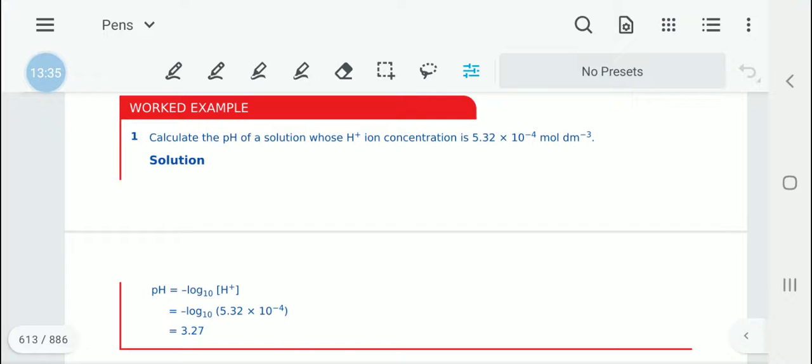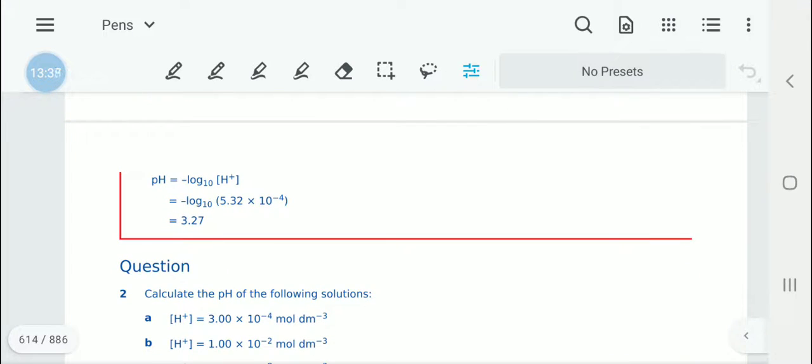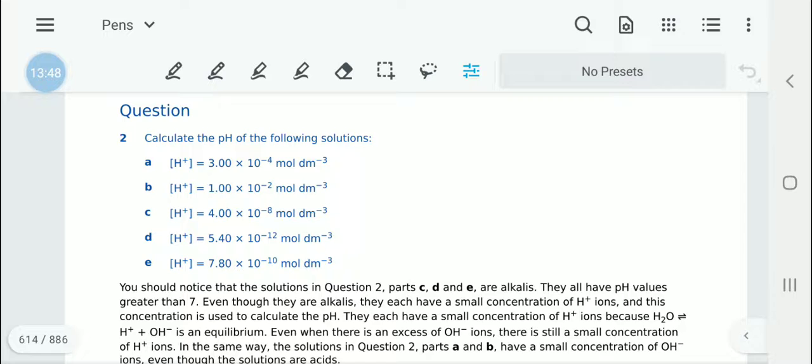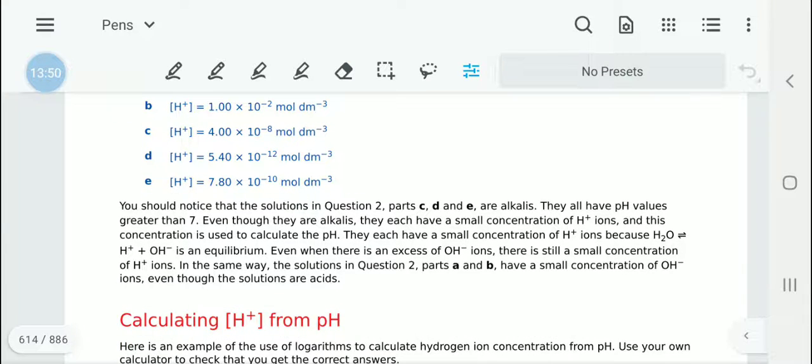Then you will get the pH to be 3.27. Make sure that you get this answer using your calculator, and if you get that answer, then you know how to do it properly. Then please do question number 2, and you would be able to understand how to calculate the pH value using the H plus ion concentrations.